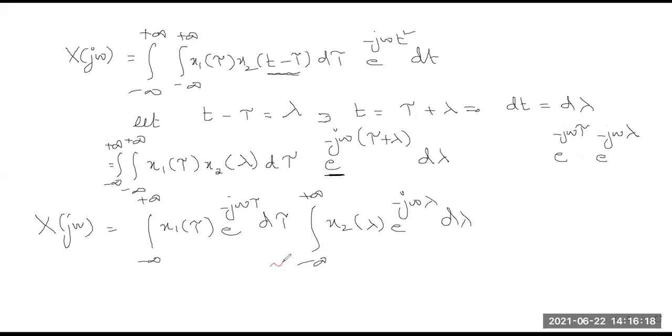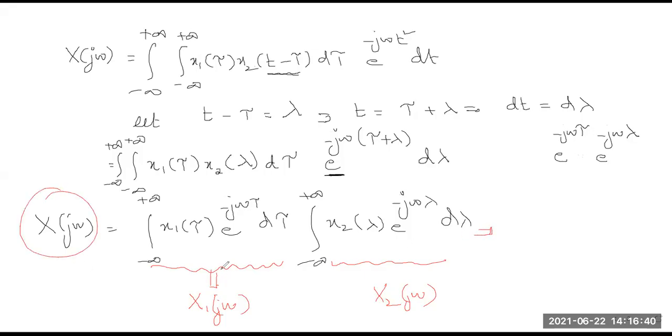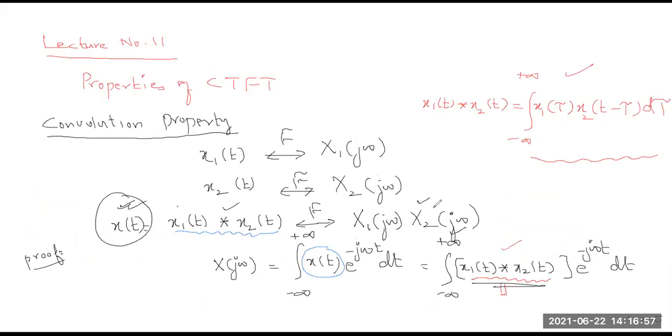If you look at these two, this is nothing but the Fourier transform of x1, and this is the Fourier transform of x2. So what we have proved is that capital X, the Fourier transform of x(t), is equal to X1(j omega) into X2(j omega). And this is what we mentioned over here.